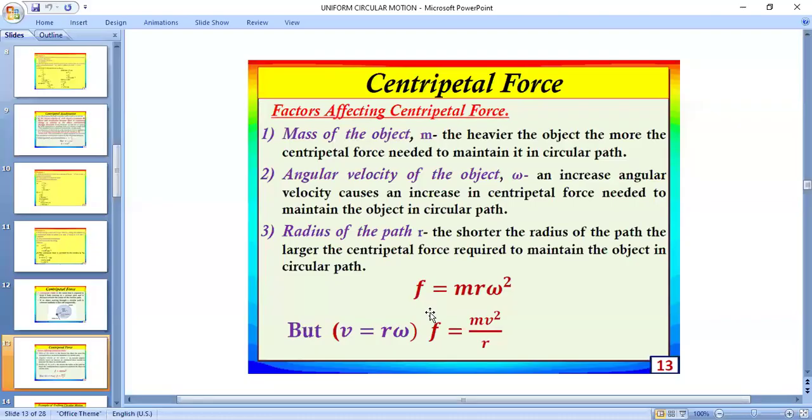Sometimes people wonder, why do you see a bus causing an accident on a very flat surface? It's because of some of these factors: mass, angular velocity, and radius of that bend.